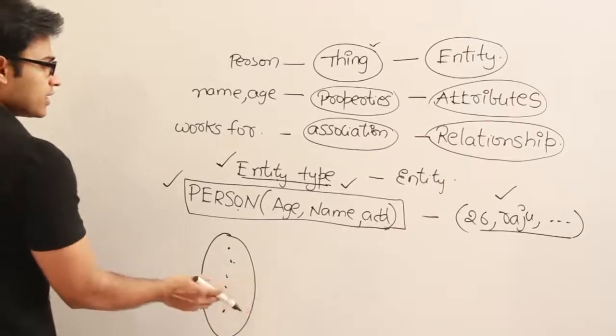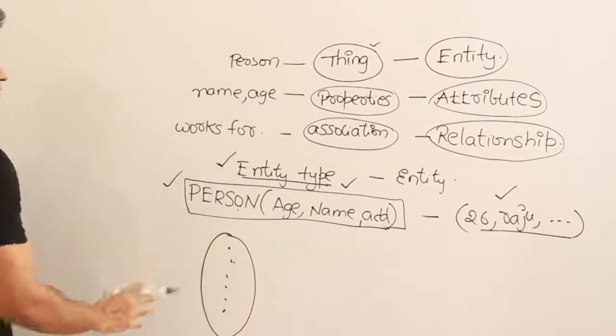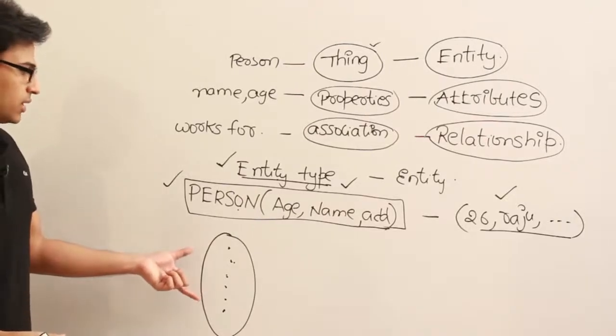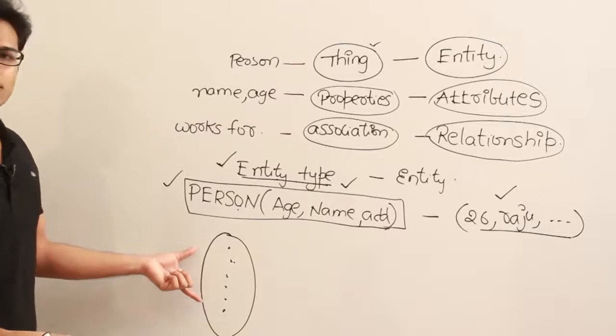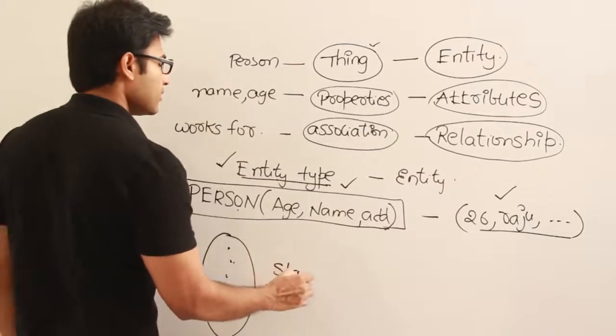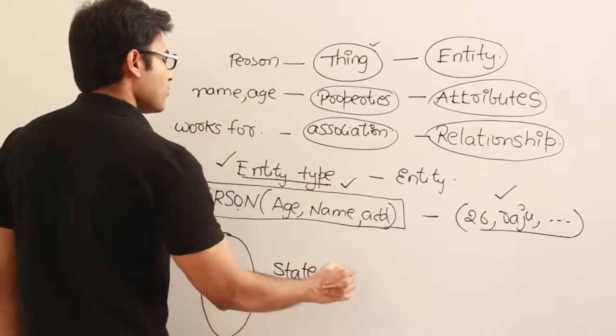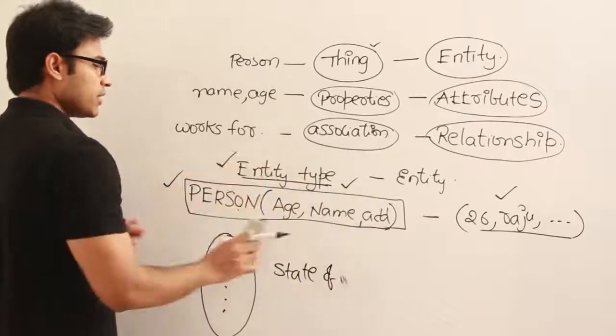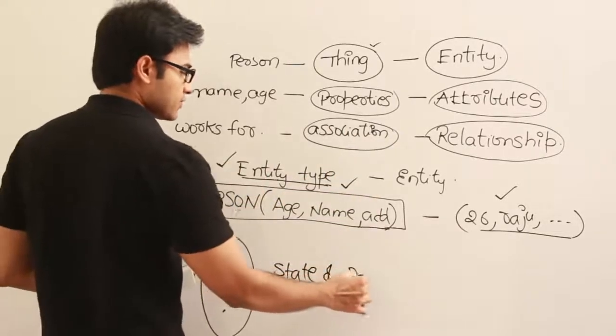Therefore entities may get added or deleted, and at any time all the elements in any entity type are called the state of the entity. If I put all of them together, it is also called the state of the database.